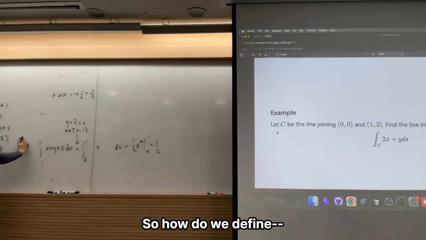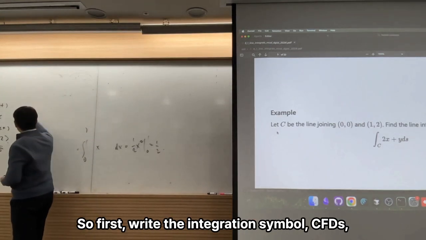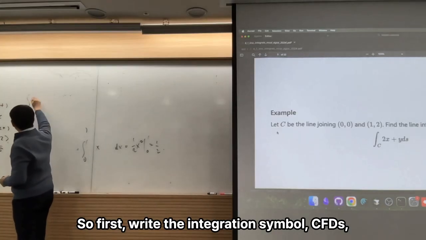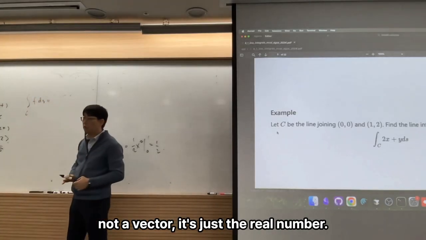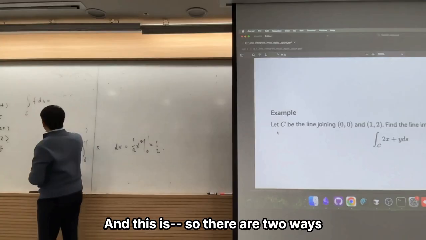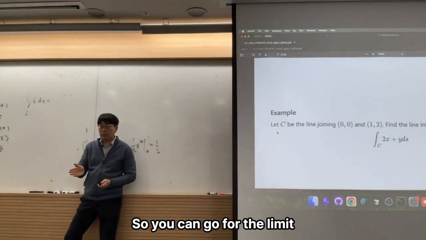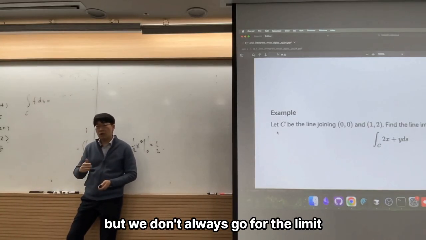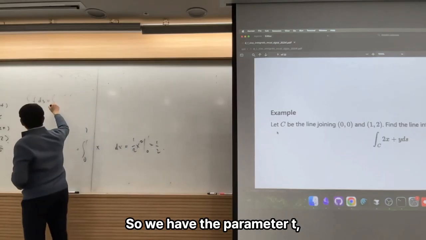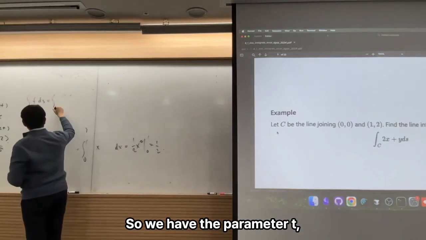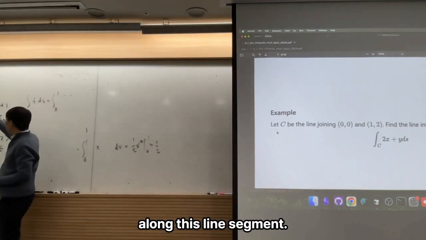So how do we compute the line integration then? First write the integration symbol, integral over c of f ds. Not a vector, it's just a real number. There are two ways you can do this. You can go for the limit, and that's the definition, but we don't always go for the limit because we know how to compute. We have the parameter t, 0 to 1, making this point move along this line segment.